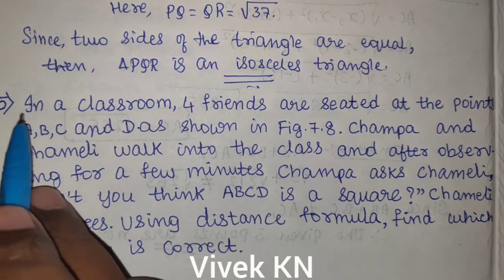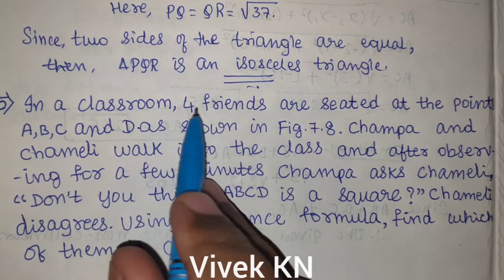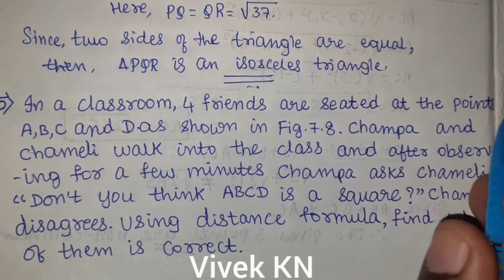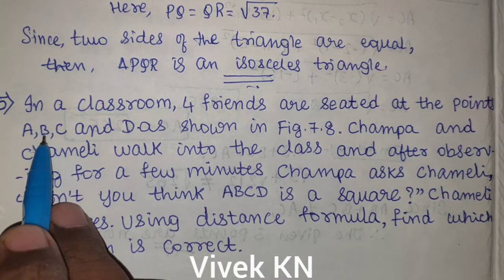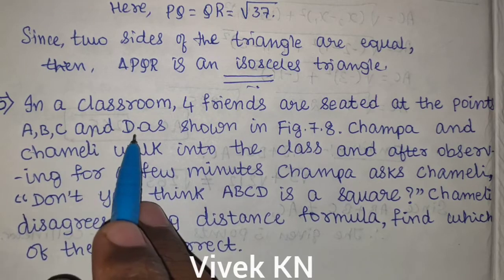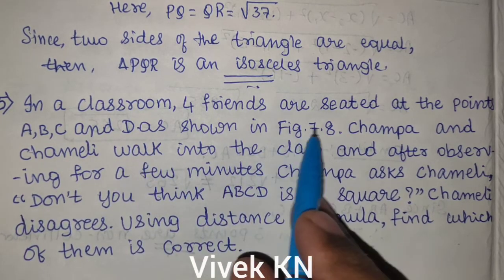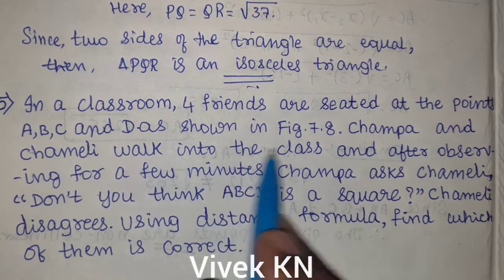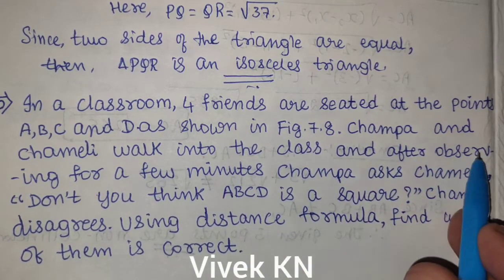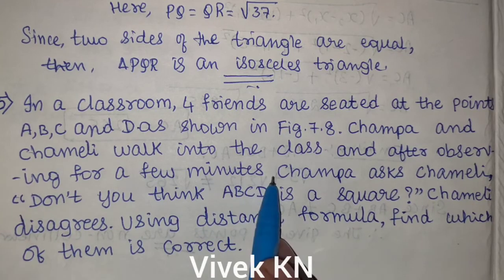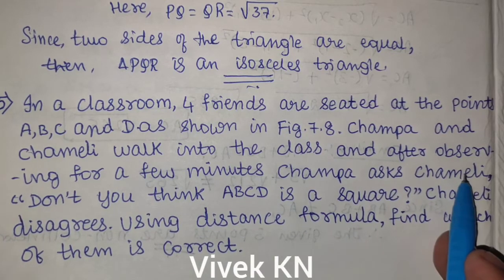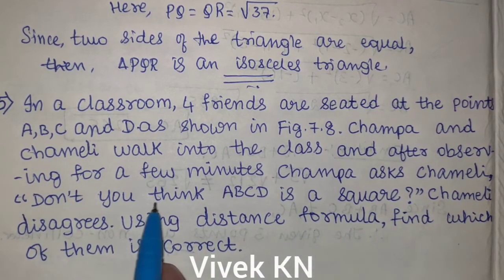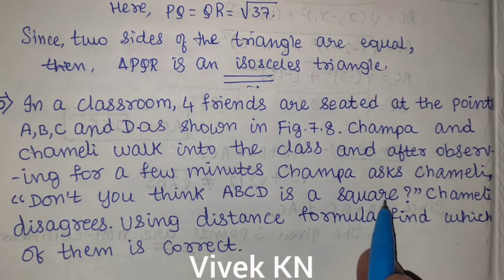Fifth question. In a classroom, four friends are seated at the points A, B, C and D as shown in figure 7.8. Champa and Chameli walk into the class and after observing for a few minutes, Champa asks Chameli, "Don't you think ABCD is a square?"